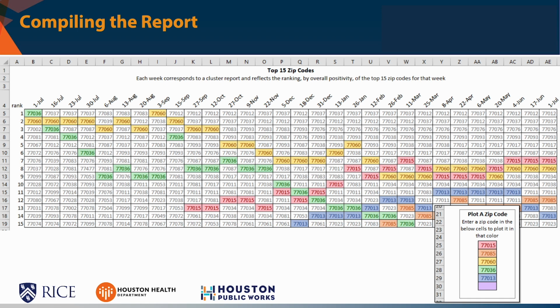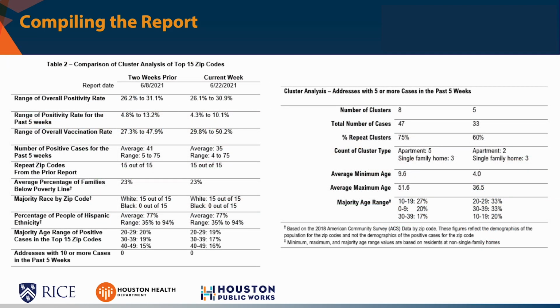Along with the Excel spreadsheet just shown, the COVID-19 cluster report also consisted of a corresponding document that summarized comparisons of the variable values from the current report and those from the previous report, in addition to analysis conclusions and action items.